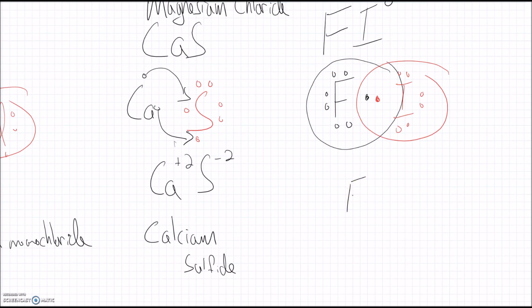Our formula would be FI, and our name would be fluorine monoiodide. And that is it.